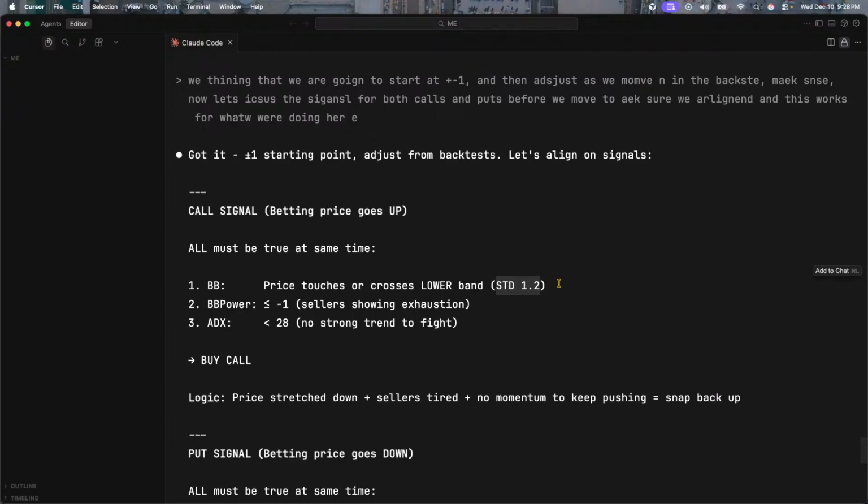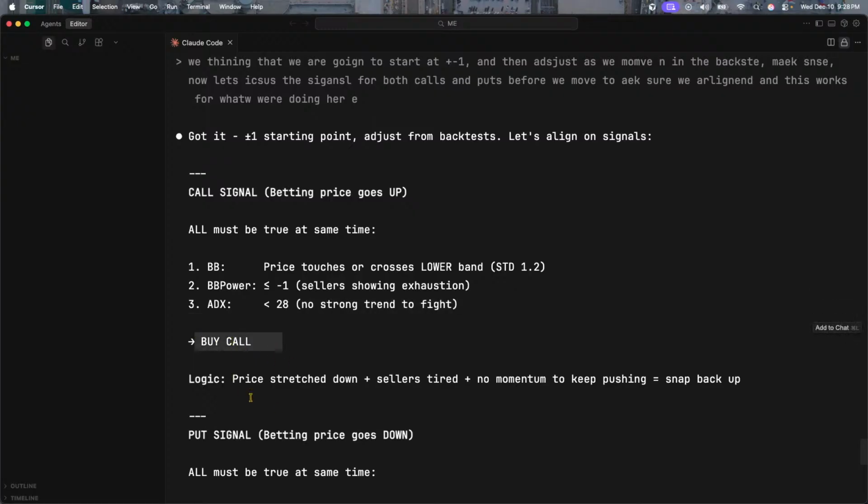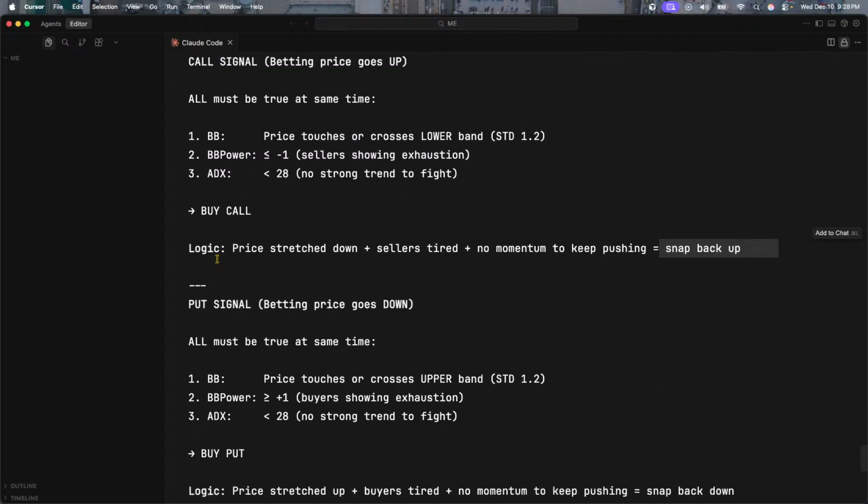So it's not that hard for the price to touch because there's a lot of room for it to wiggle. Then the buyer or seller power is less than or equal to -1, right? The sellers are showing exhaustion. The ADX is less than 20, no strong real trend to fight. And then we're going to enter a call. The price is stretched down. The sellers are tired, no momentum to keep pushing, and then the price snaps back to the average.